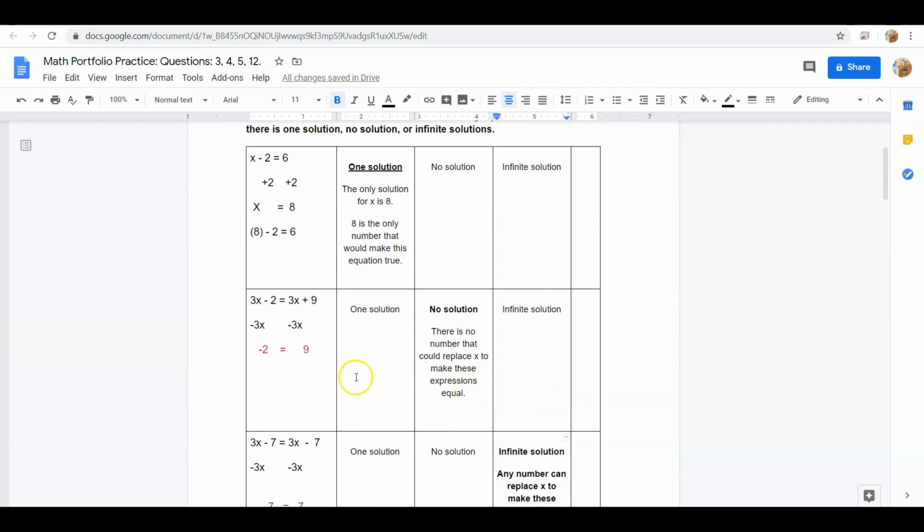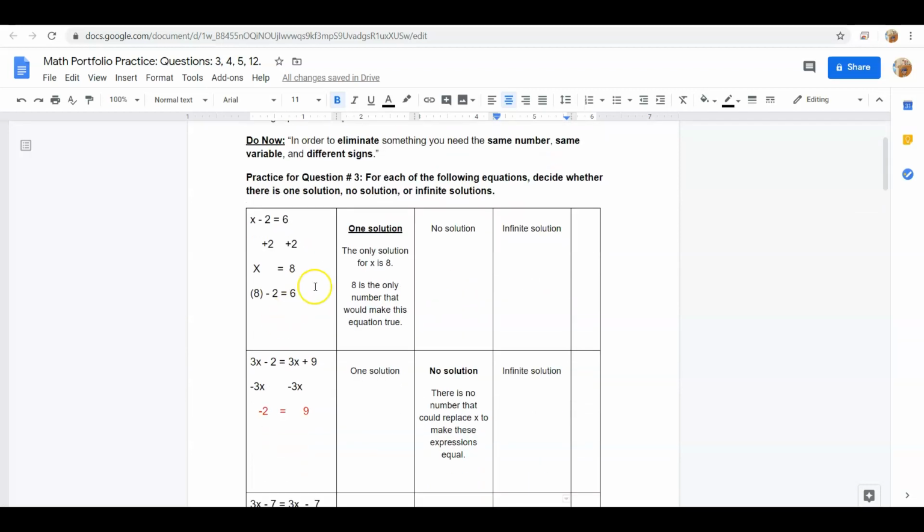So let's just go over what we did. For the first problem, we had x minus 2 equals 6. And I told you that you need to get x alone. To get x alone, we use the inverse operations to remove everything on the same side of x to this side. So if x is on the left, I need the left side to only have x, which means this -2 needs to be eliminated.